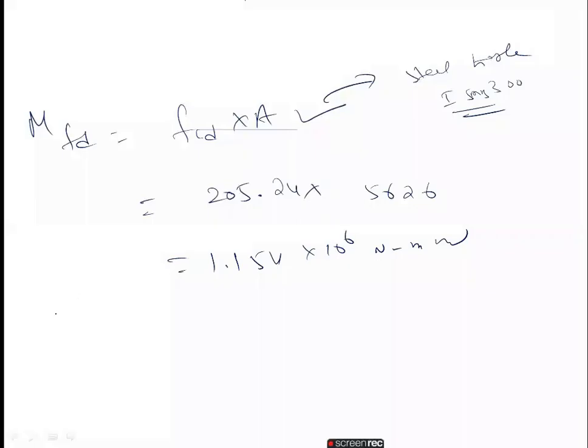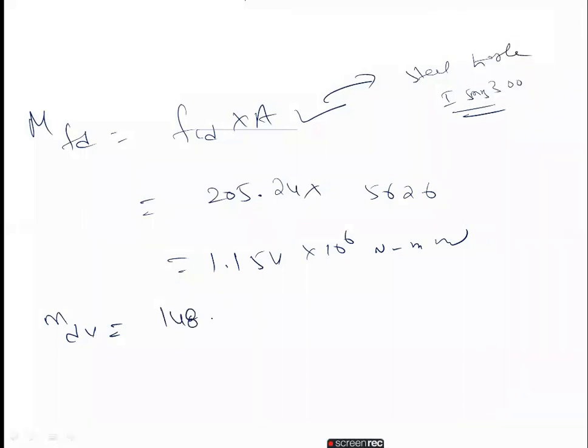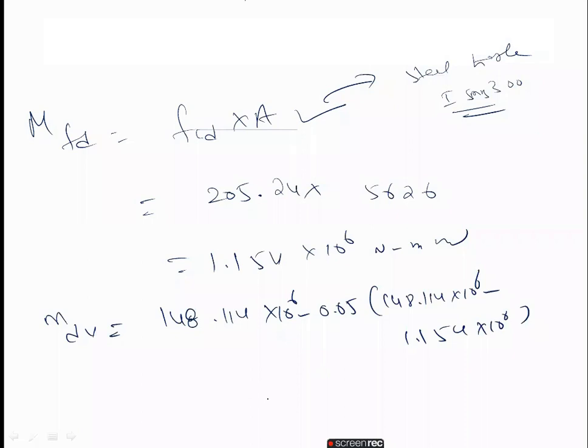Now you will substitute all the values in the Mdz formula: 148.114 into 10 power 6 minus 0.05... again 148.114 into 10 power 6 minus 1.154 into 10 power 6. So finally you got 140.7 kilonewton meter, which is greater than 135.190 kilonewton meter.